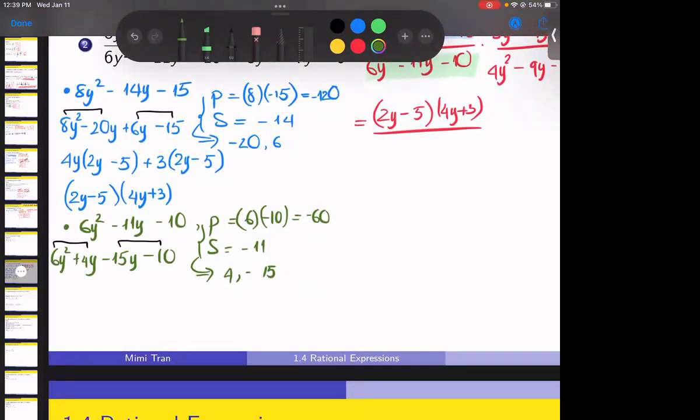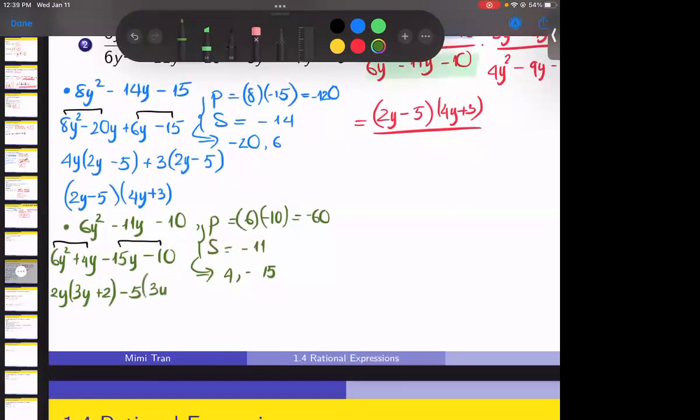The first group I can factor out 2y. What's left is 3y plus 2. What should I factor out for the second group? Negative 5.